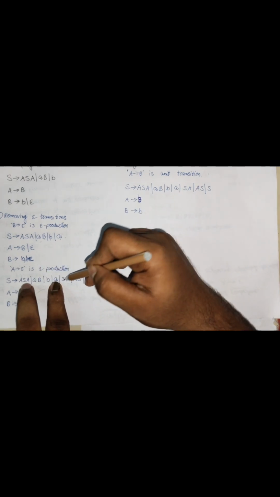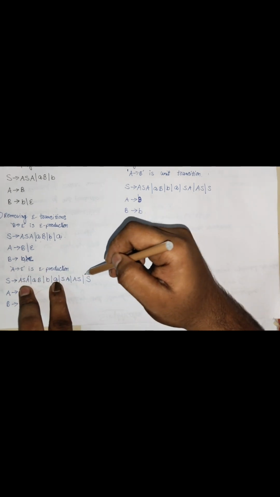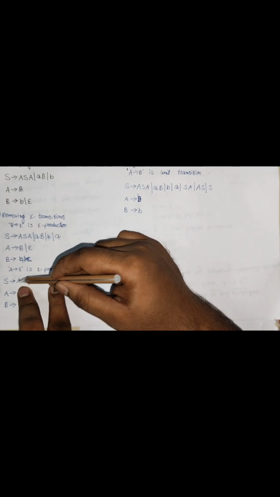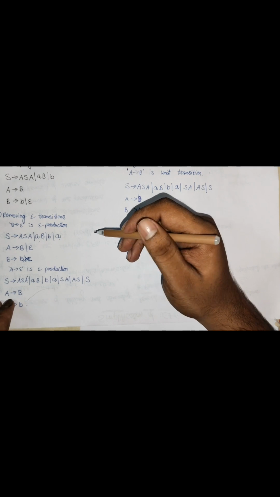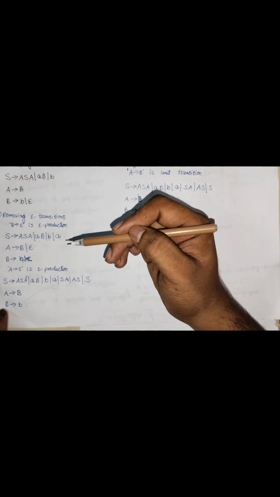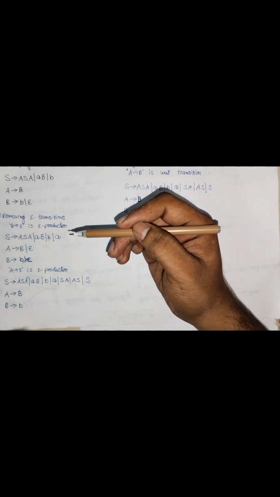You will end up with S A. Now, instead of this A, substitute epsilon. You will end up with A S. Substitute epsilon in both positions of A. You will end up with S. Next, A tends to B, since we are eliminating epsilon transitions. B tends to small b. Okay, that's it. We have removed epsilon transitions.